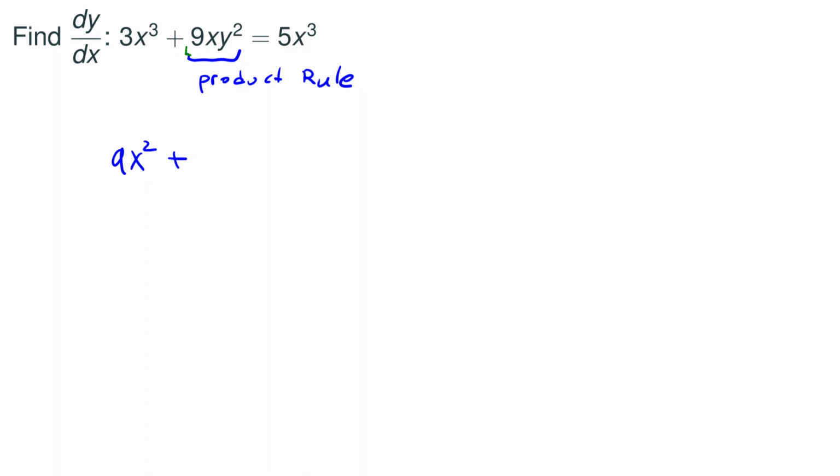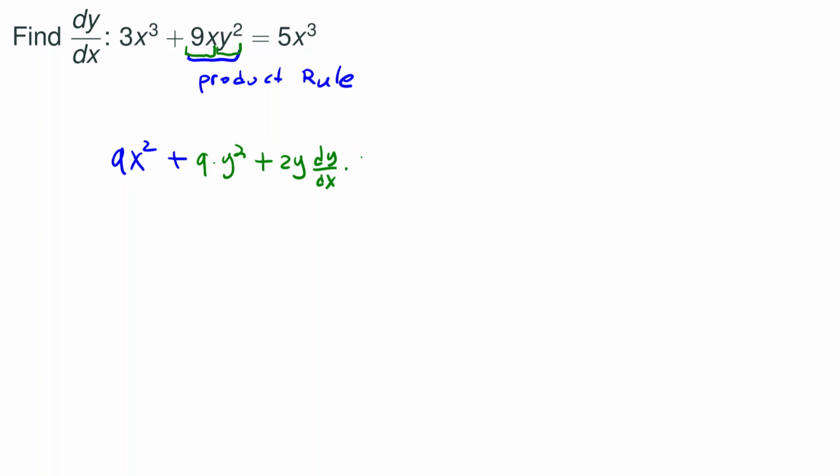So let's think of it as 9x times y to the second power, first function and second function, or f(x) as 9x and g(x) as y squared. So 9x is the first function, y squared is the second function. The derivative of 9x is 9 times the second function, y squared, plus the derivative of y squared, which is 2y dy/dx by the chain rule.